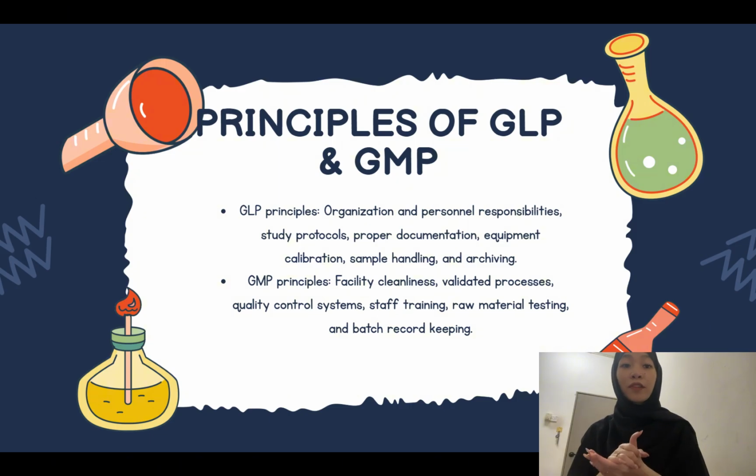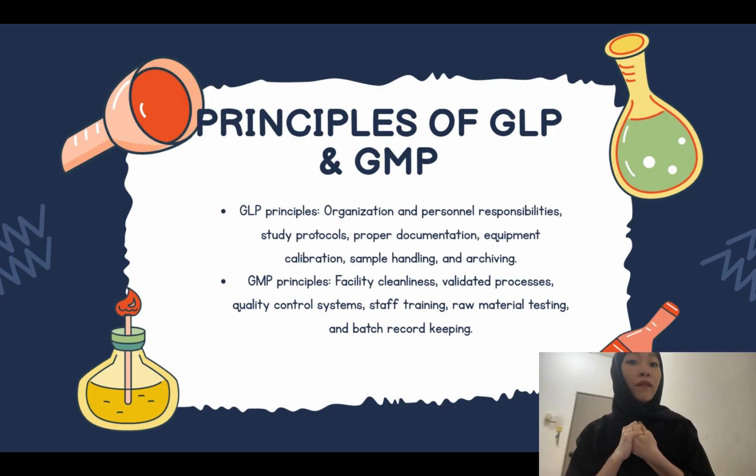So now let's move on to the key principles of GLP, which is good laboratory practice. First and foremost, you need to have a clear organizational structure and defined responsibilities so people easily know them. Second is qualified, trained, and competent laboratory personnel. The third one is proper laboratory facilities and equipment maintenance.